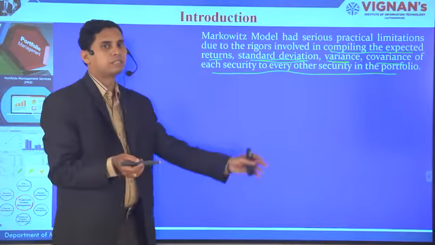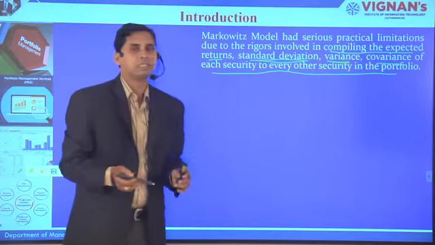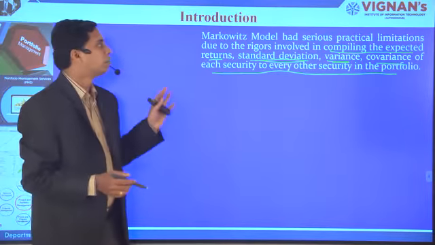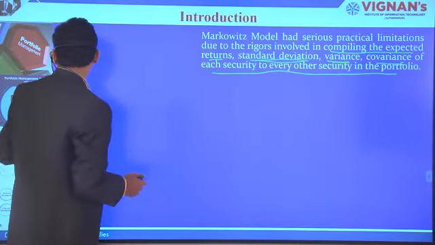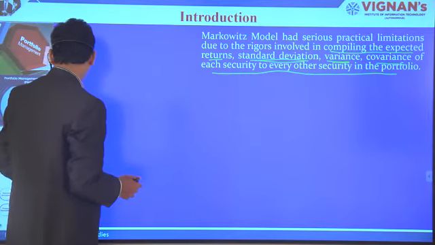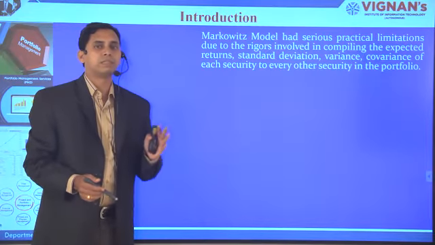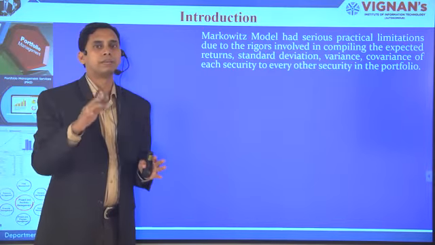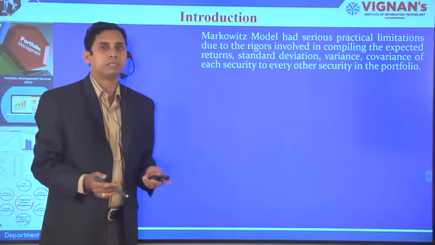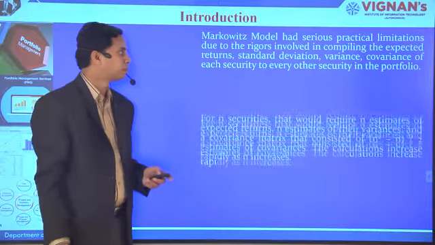So this covariance is also important and has to be considered, and that is why it is very difficult to calculate the covariance between one security and the other securities in the same portfolio.